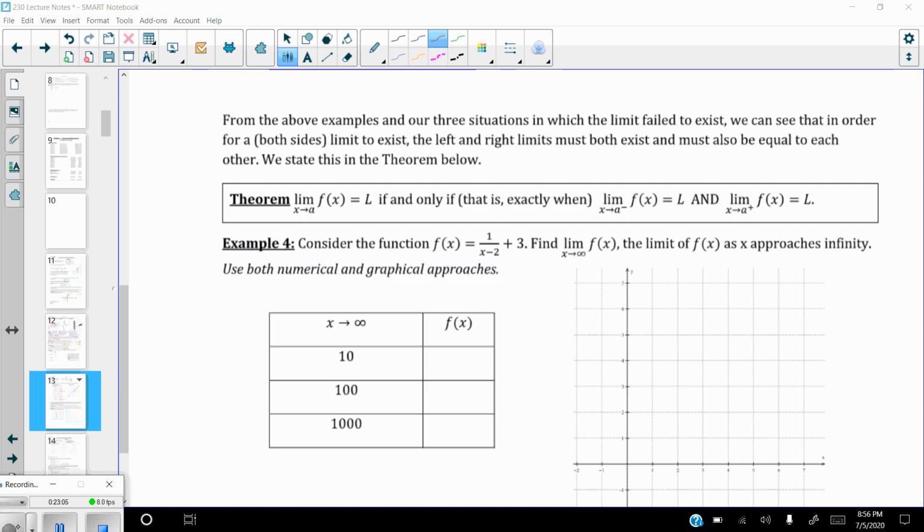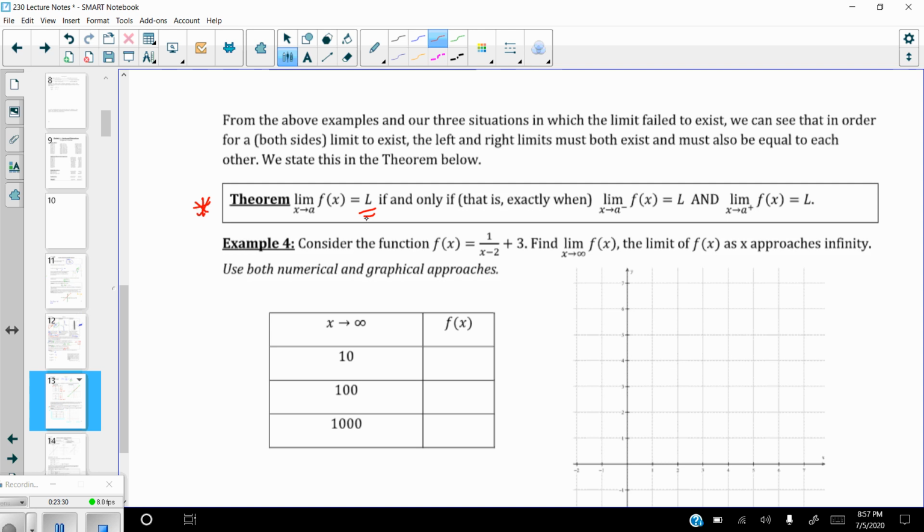So here is the theorem that is the exact definition of what we're going to use for our limit. This is pretty important. A limit as x approaches a is going to approach an actual limit, and we'll call that limit L, if and only if, that is exactly when two things happen.